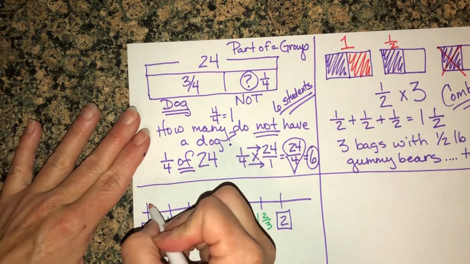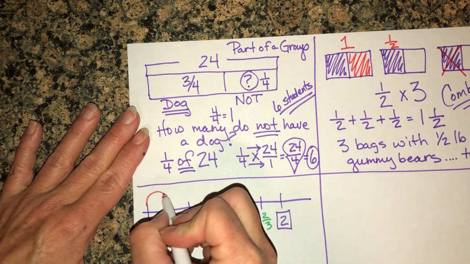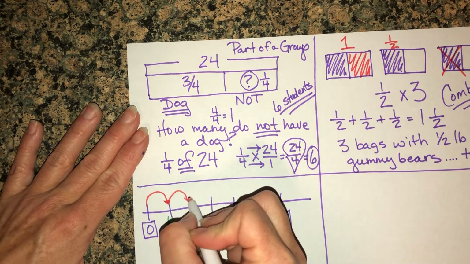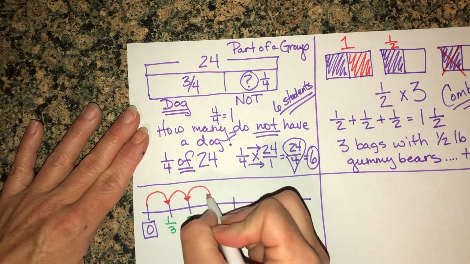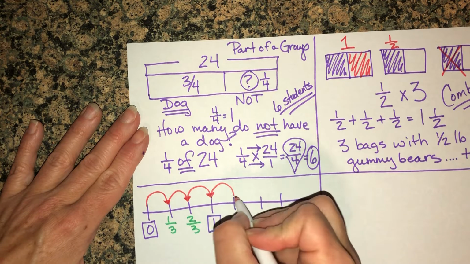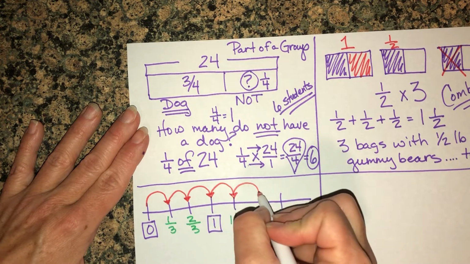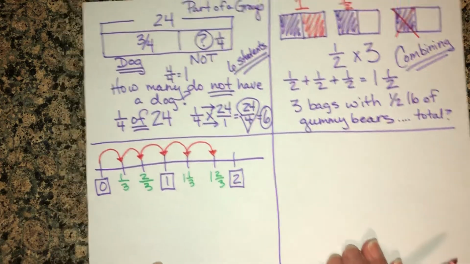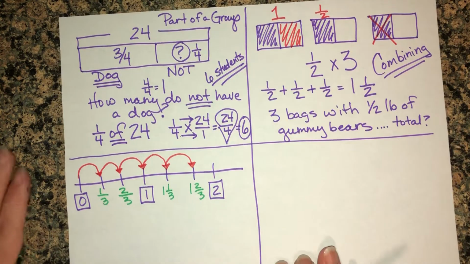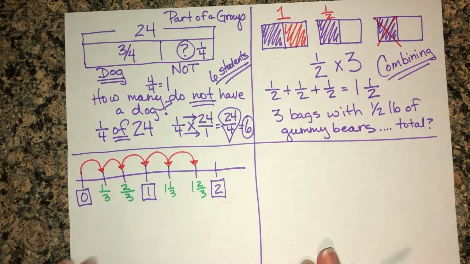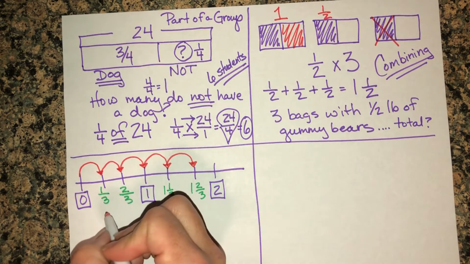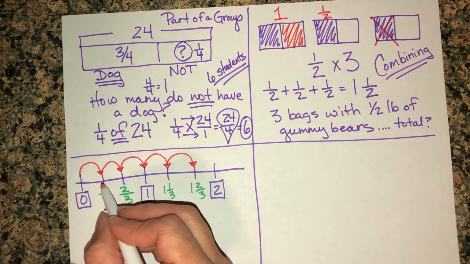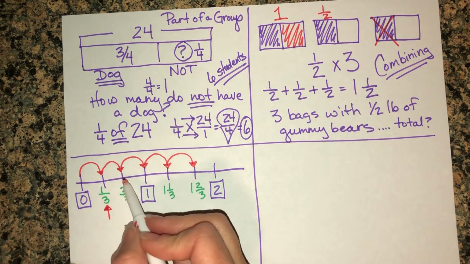So sometimes these pictures come up. And it will show you something like this, and say, what does this model show? Well, that looks really weird to most people that look at it for the first time, but look at this first fraction right here. I jumped 1/3. I jumped 1/3 again.